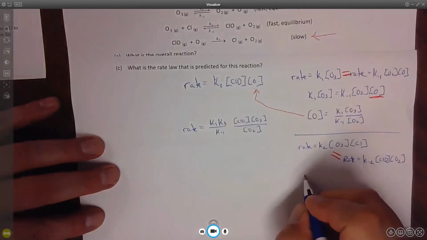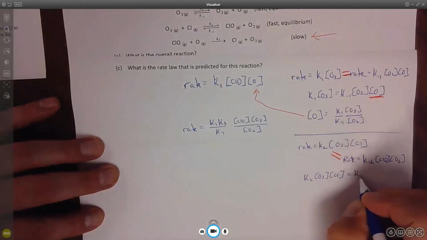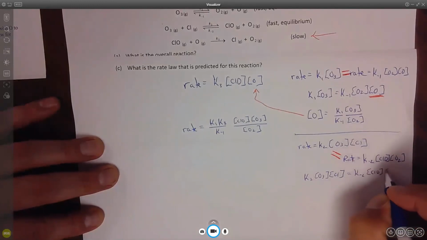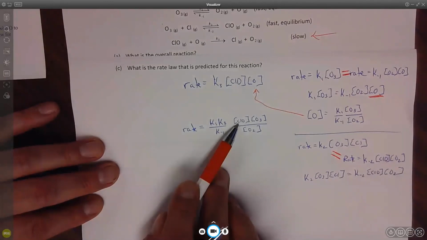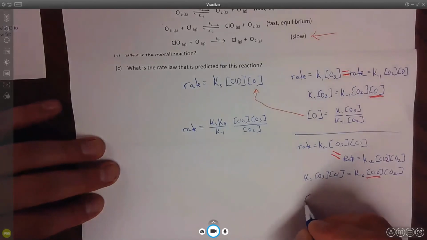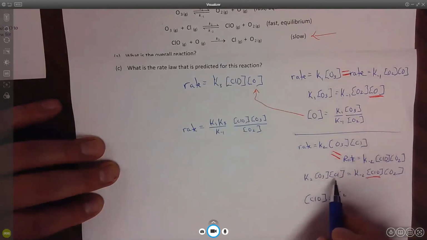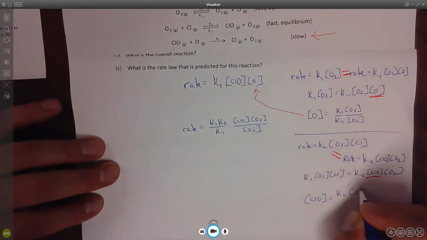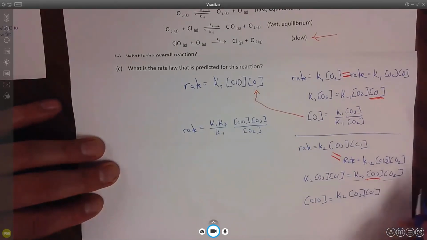So that means that K2 times O3 times Cl is going to be equal to K minus 2, ClO, and O2. And again, we're trying to get rid of this reaction intermediate, so we've got to solve for it. So that means, again, ClO is going to be equal to K2 times our O3 and Cl. Then I'll divide it by this and this, so that's going to be K minus 2 over O2.